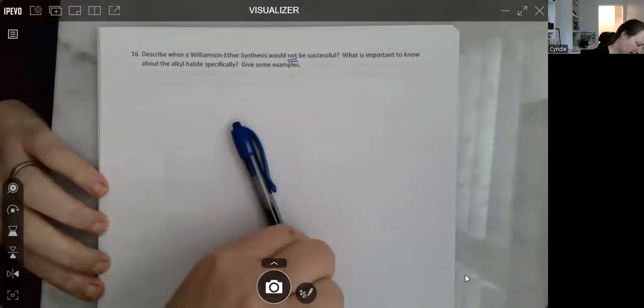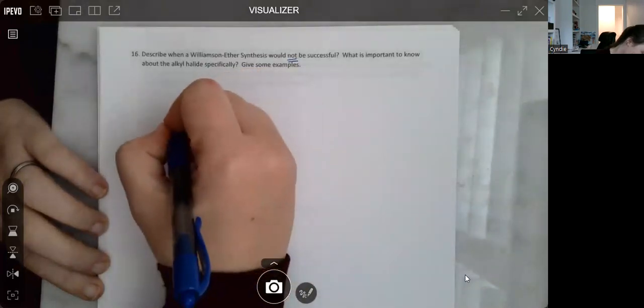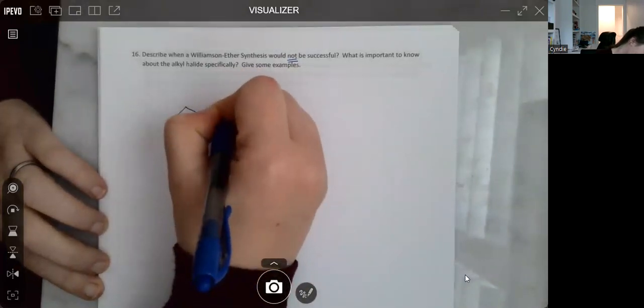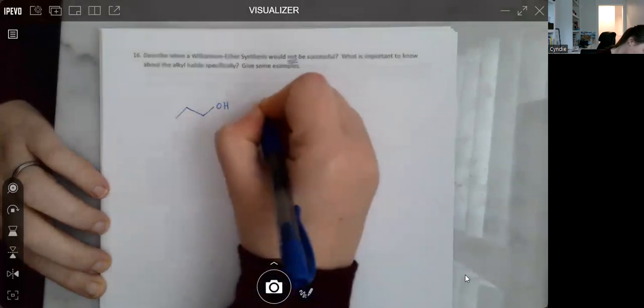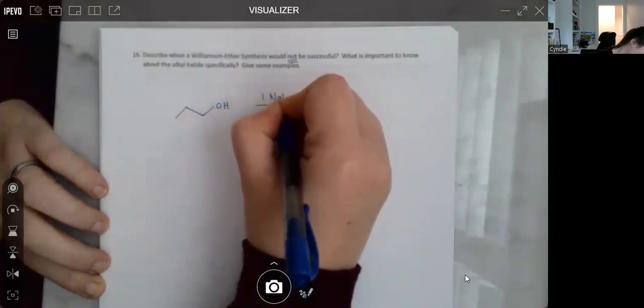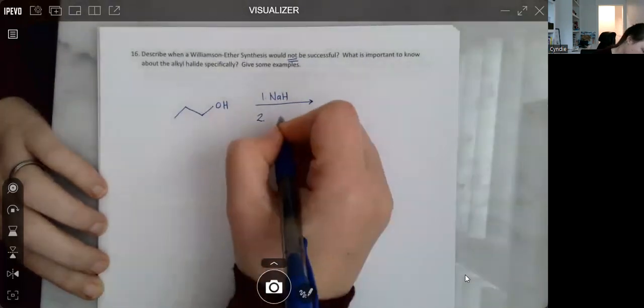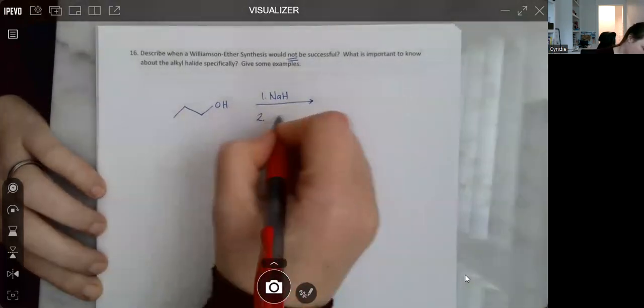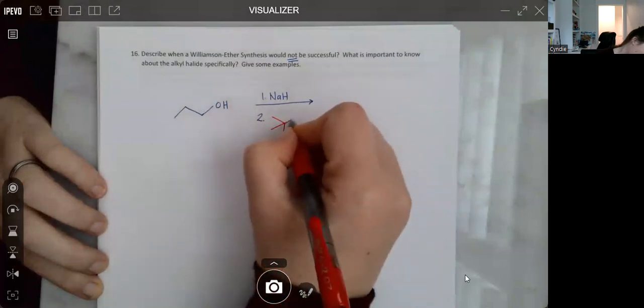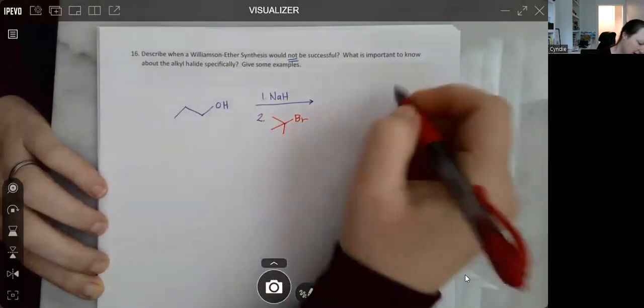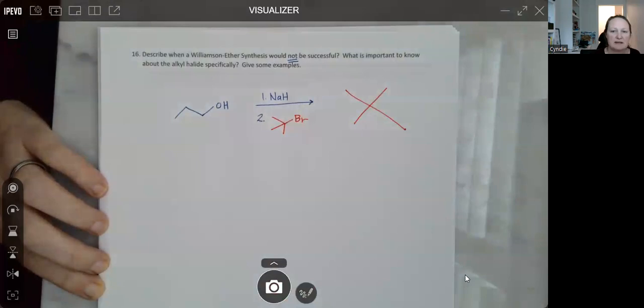reaction. So for example, if we had an alcohol and we were trying to do a Williamson ether synthesis, if this was a tertiary alkyl halide, then this would not be successful.